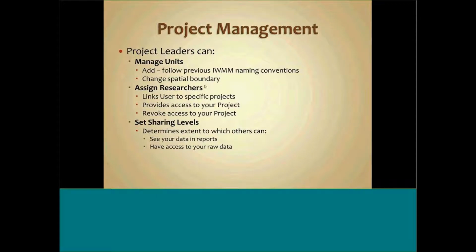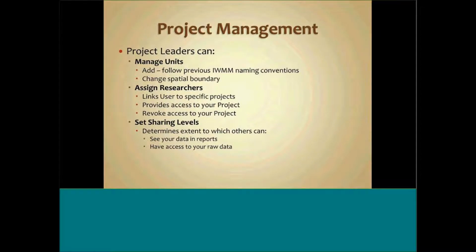Project managers can also assign researchers. That links a user that's registered with the AKN to your specific project, which provides that user access to your project. And as you can add people, you can also revoke their access to your project.